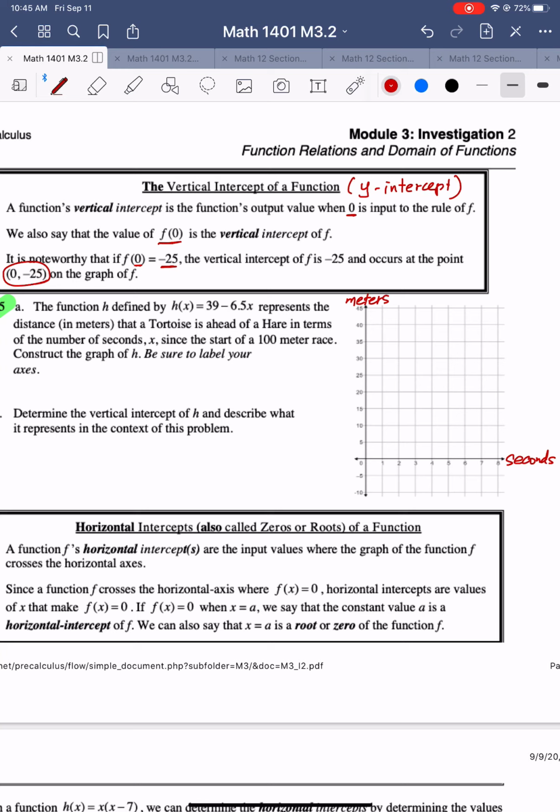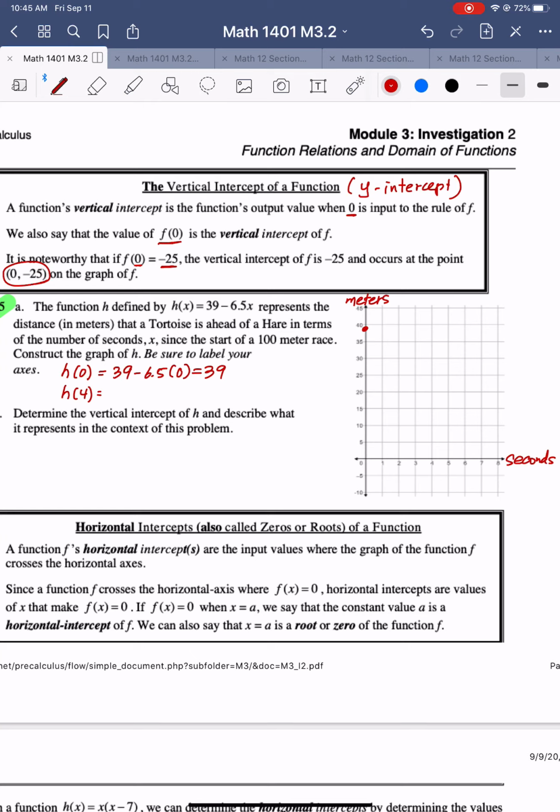So h of 0. I get 39 minus 6.5 times 0, which gives us 39. So I got 39 here, about here. And then you can also plug in more numbers if you want. Let's say h of maybe about 4.